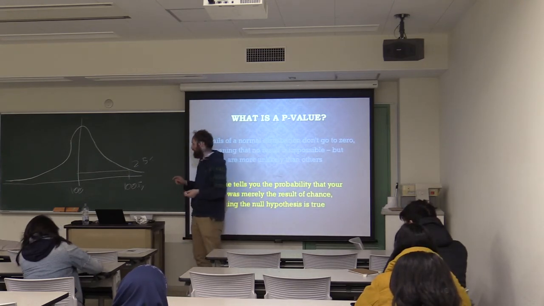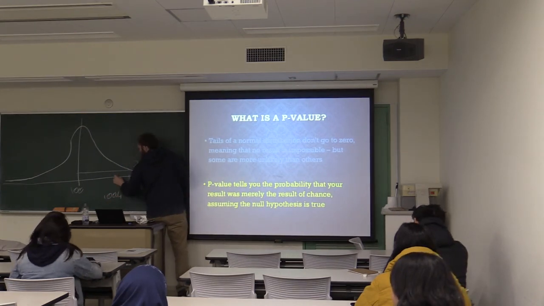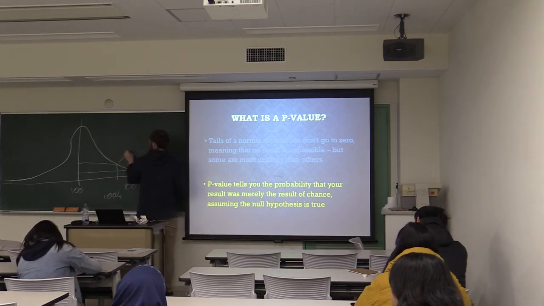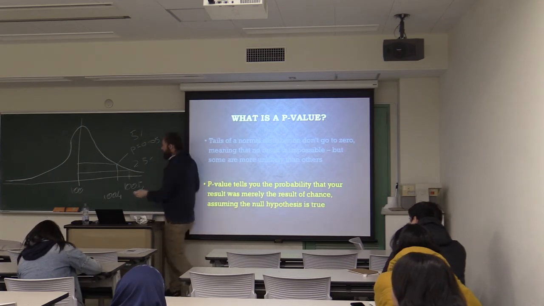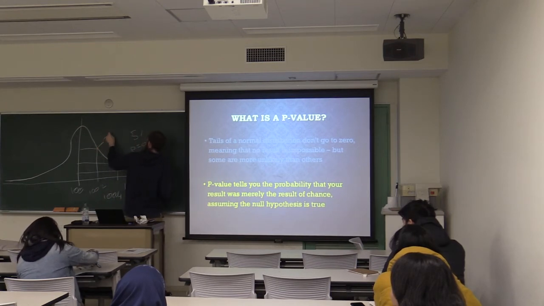Okay? If we went for 100.4, maybe the chance there is 5%, okay, which would be a 5% chance, or whatever. If we went for 100.2, maybe the chance there is 0.4, okay?